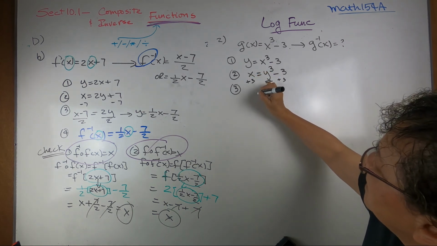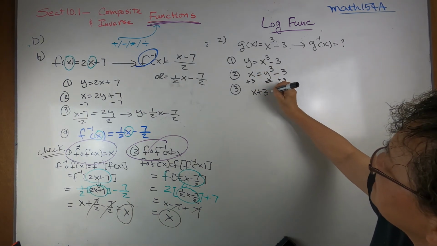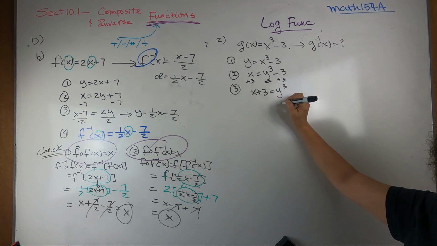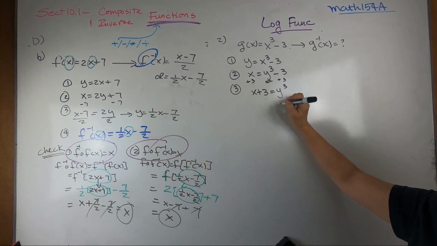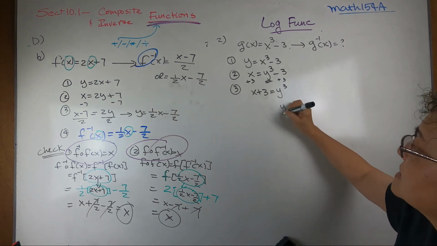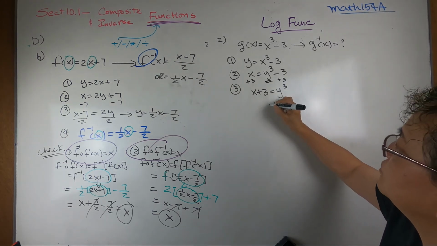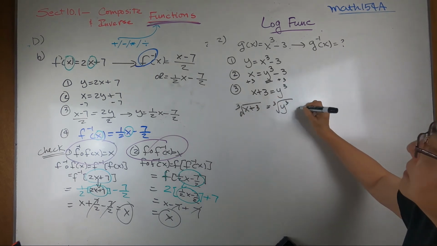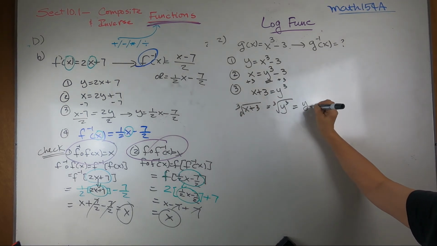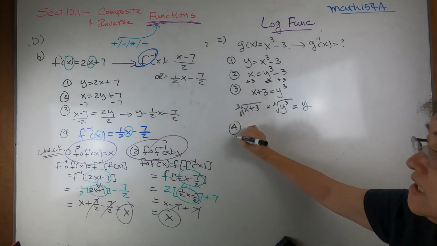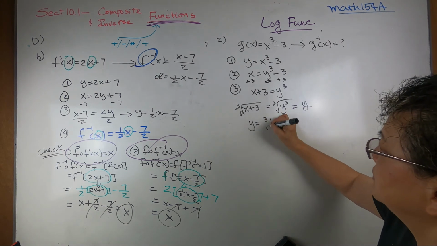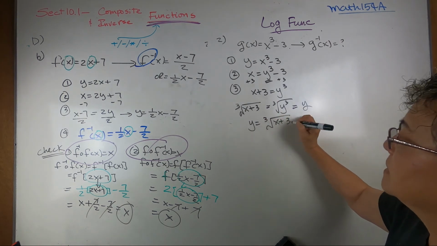So switch and solve. Okay, we switched. So you have x plus 3 equals y cubed. Solve means what? Get y by itself, so you have to take the cube root. That's y equals cube root of x plus 3, okay?